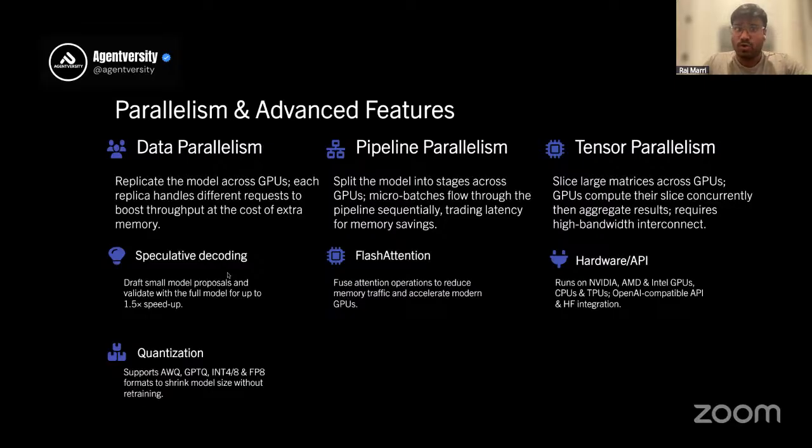The performance would not be equivalent to float 32, but still you could run them, right? You can even run them on small edge devices. So vLLM supports quantization out of the box. You could use GPT-Q, int4 or int8, or FP8. These are some things that can help you shrink your model size so that you can run them.